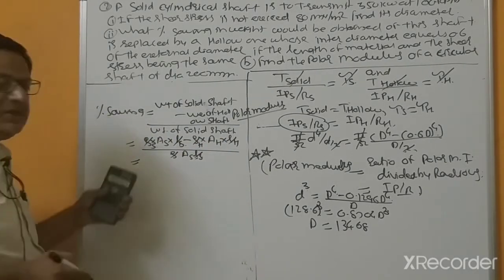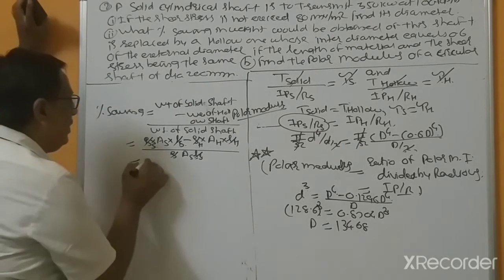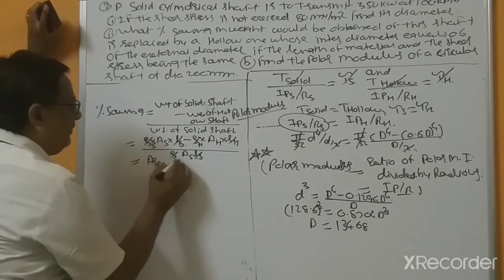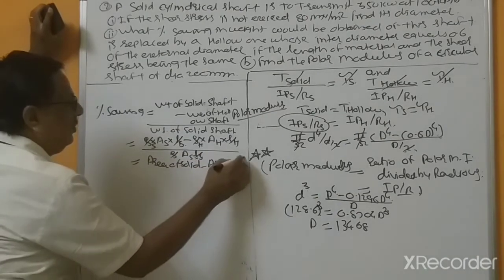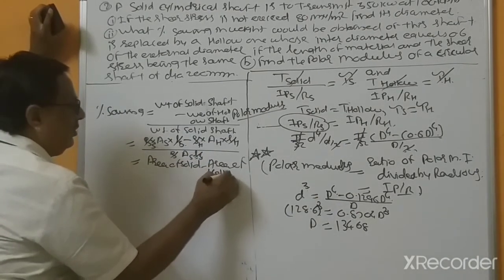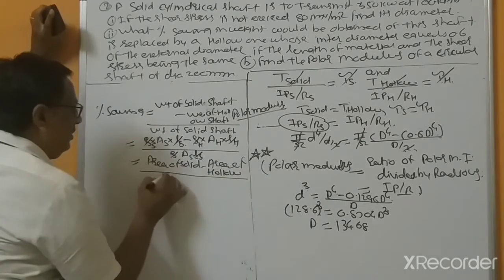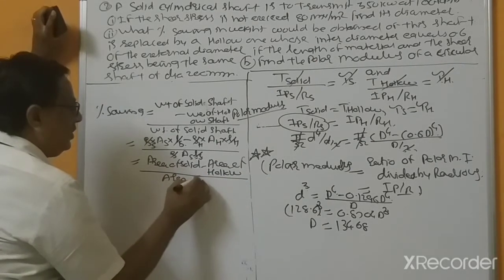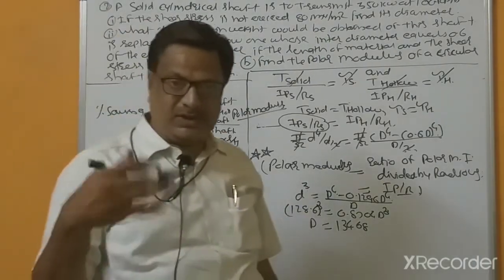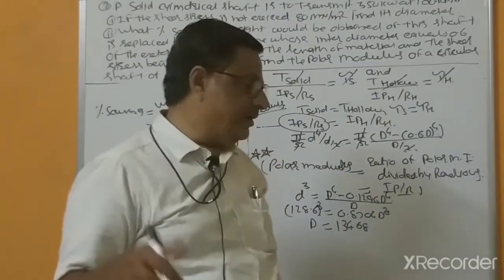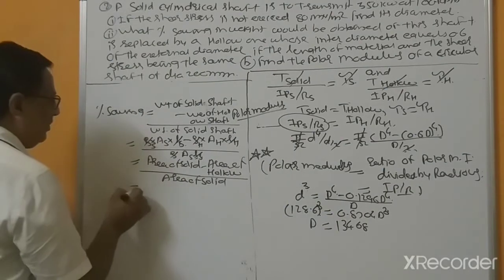So here you can say area of the solid minus area of hollow divided by area of solid. In the previous problems you may be confused why it is minus 1 by; this is the basic formula.